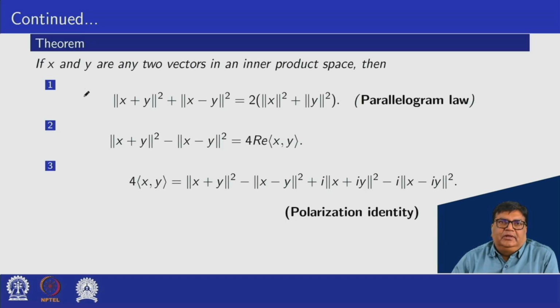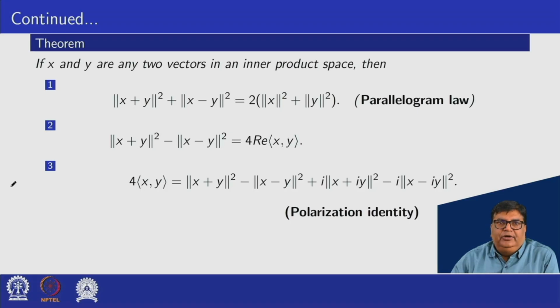Next theorem, if x and y are any two vectors in an inner product space, then norm(x + y)^2 + norm(x − y)^2 equals 2 into (norm x^2 + norm y^2), which is known as the parallelogram law. And another: norm(x + y)^2 − norm(x − y)^2 equals 4 times the real part of the inner product of x, y.